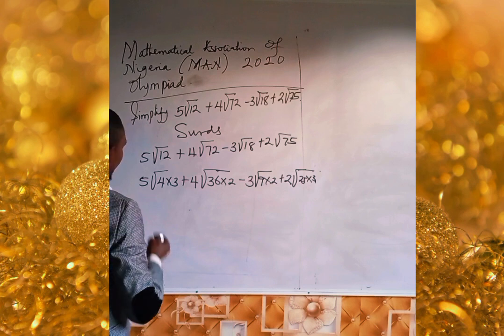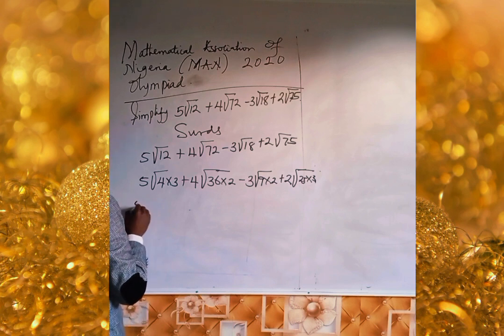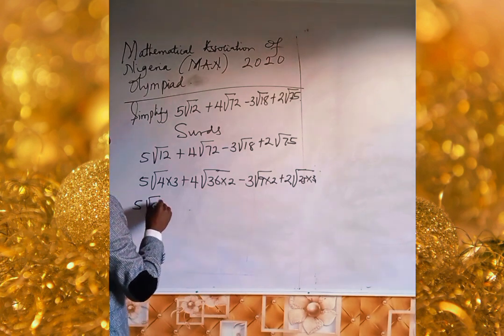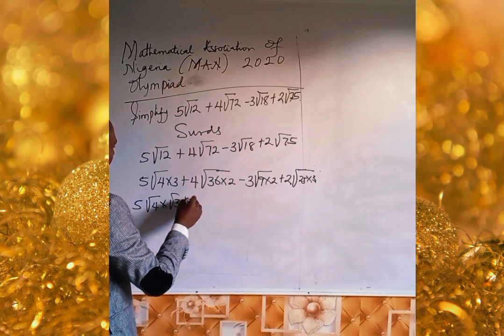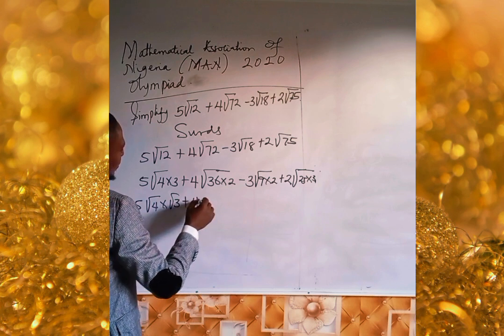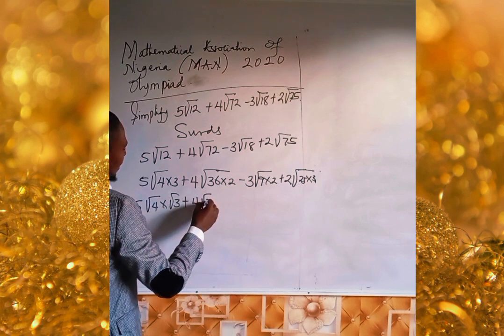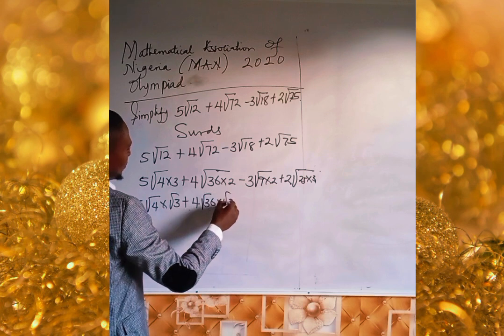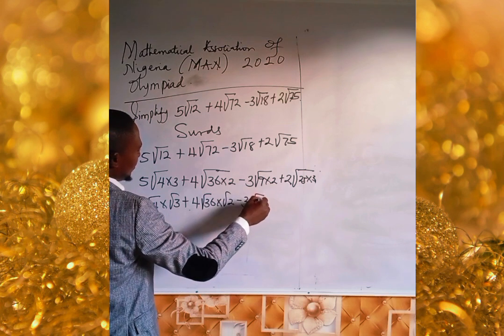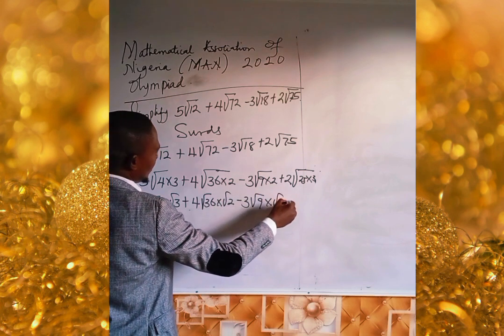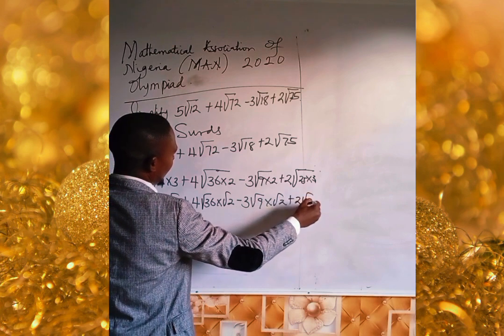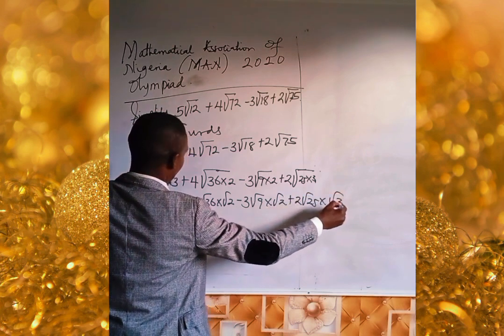So this will give us 5 root 4 times root 3, 4 root 36 times root 2, minus 3 root 9 times root 2, plus 2 root 25 times root 3.